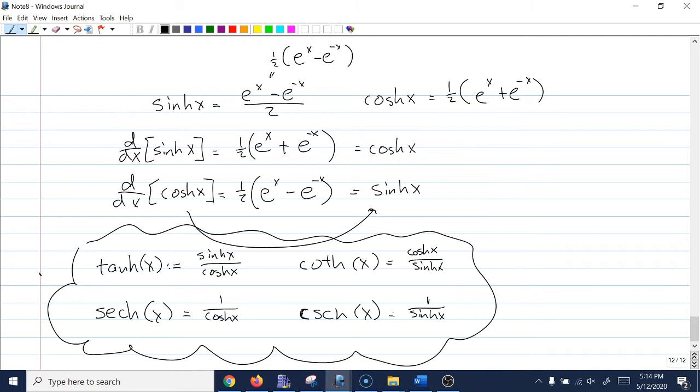I guess there's one more important identity that I want you to know for sinh and cosh, and it's the Pythagorean identity. You know sine squared plus cosine squared is 1, right? Let's say we didn't know that. If I take the derivative of both sides, what's the derivative of sine squared plus cosine squared?